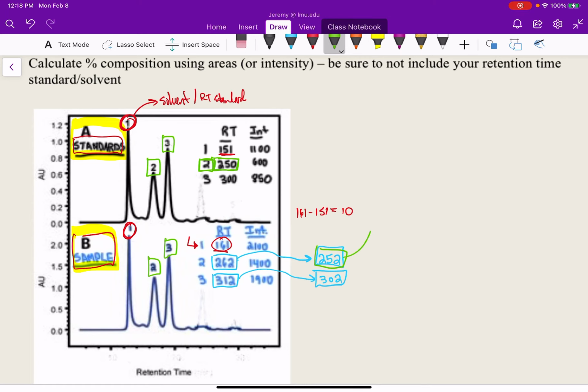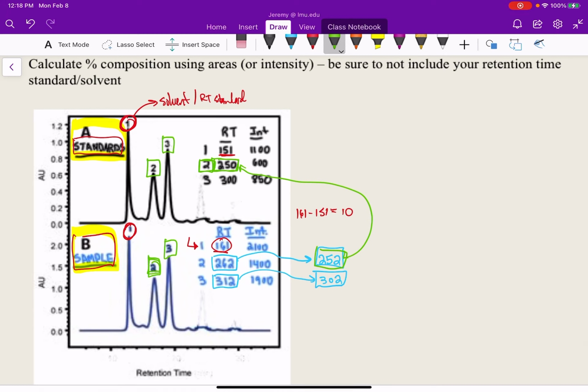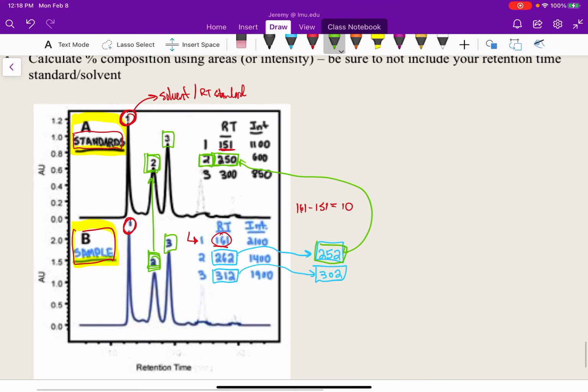Because these numbers are similar, not exact but very, very close, we can say that yes, this compound 2 corresponds to that compound 2 of our set of standards. So whatever this compound 2 is, let's call it butanol, then we can safely assume that our compound 2 matches compound 2 and is butanol.